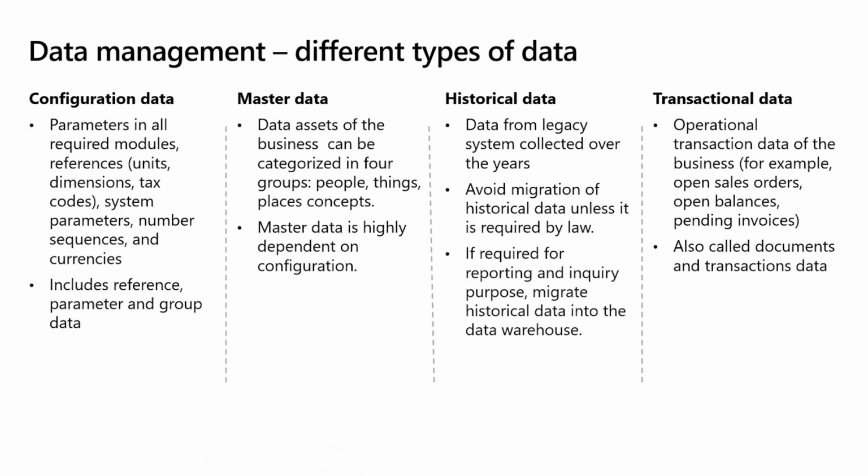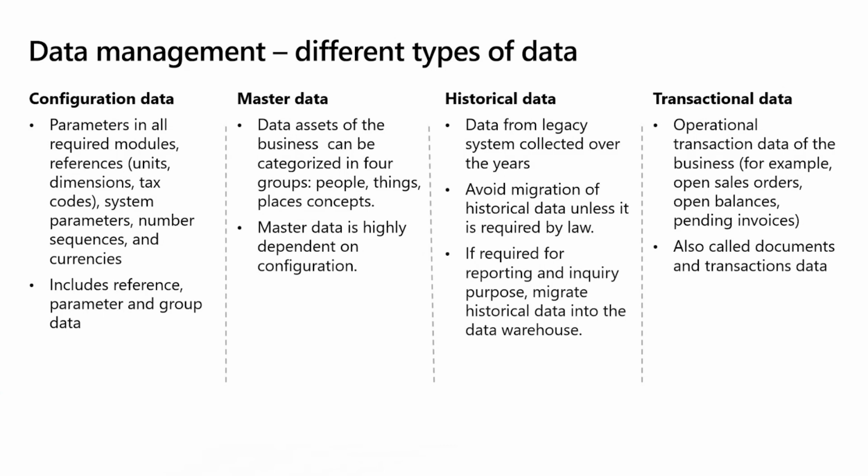There can be historical data. Historical data is from your legacy systems that are collected over years. So you would not be migrating this historical data unless it is required by law. You can archive it instead. Or maybe you can migrate your historical data into a data warehouse.